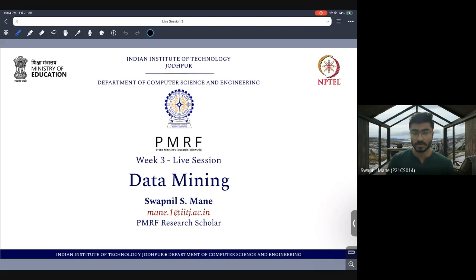Then we discussed how we can classify, based on the length of the fish, which length belongs to which class, whether it is tuna or hilsa, right?